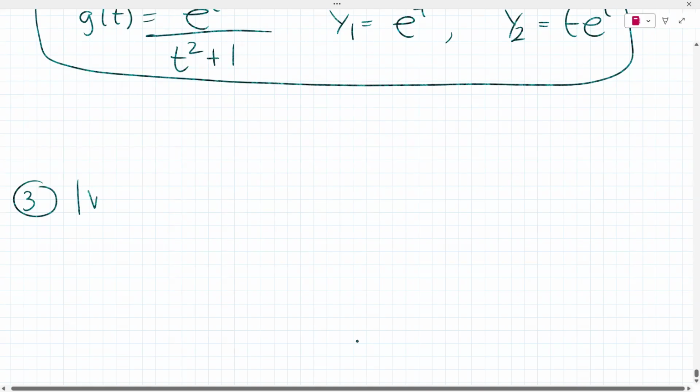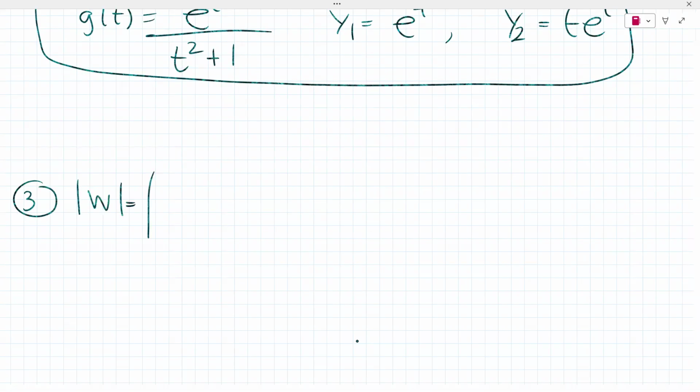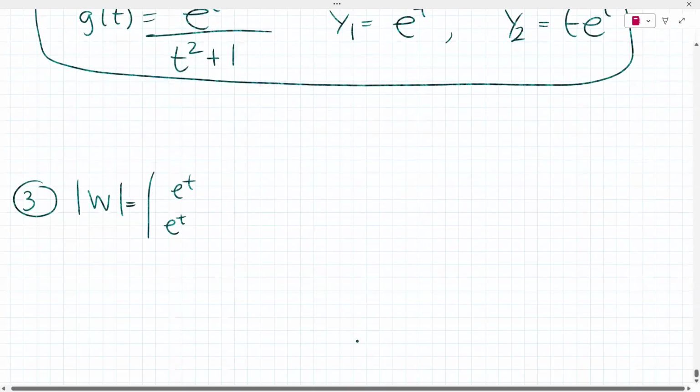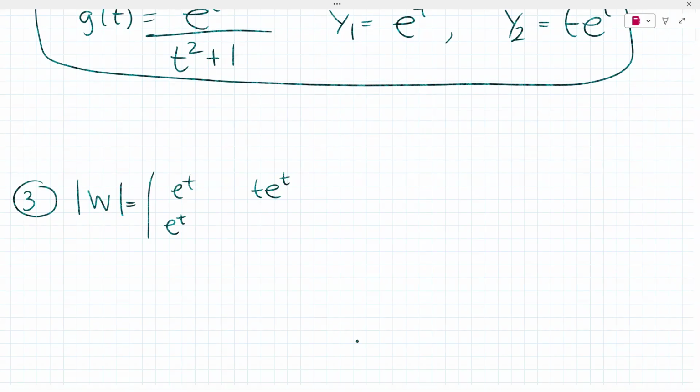The Wronskian determinant is, so my y1 is e^t. My derivative is e^t. My y2 is t e^t. And then the derivative of t e^t is product rule, so you'll get t e^t plus e^t. And then to take the determinant of a 2 by 2, you just multiply it out.